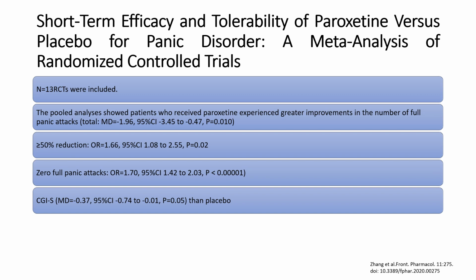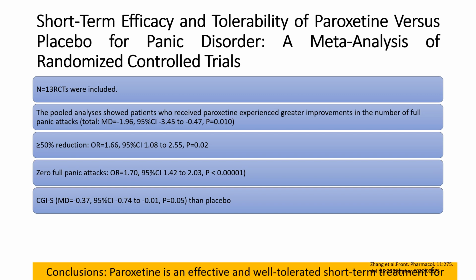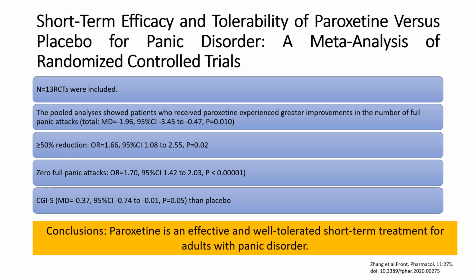The odds ratio was 1.70 for the same, and the clinical global assessment scale score was better than placebo. So the study concluded that paroxetine is effective and well tolerated in short-term treatment for adults with panic disorder.